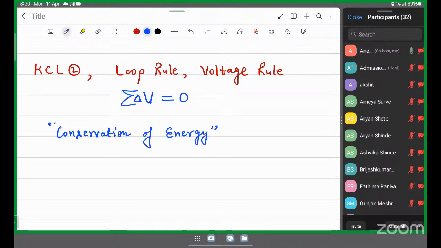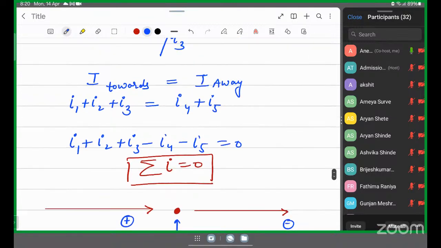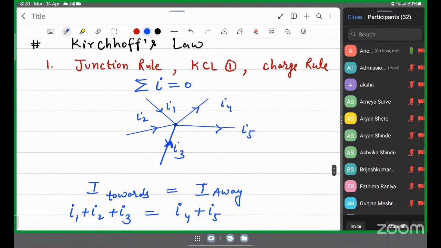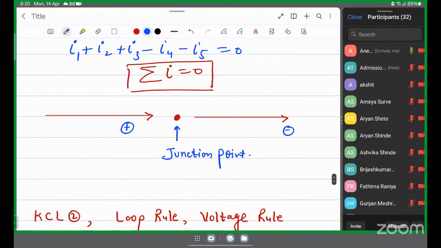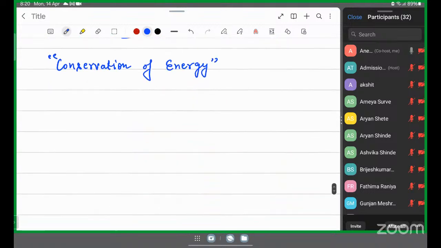And for KCL first, it is based on conservation of charge. Understood? This topic is also completed.